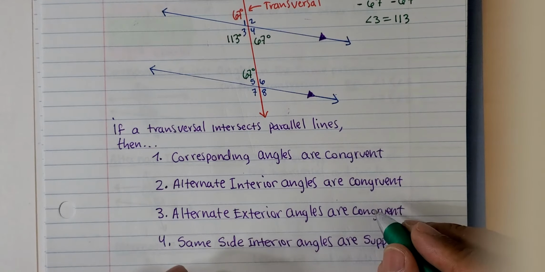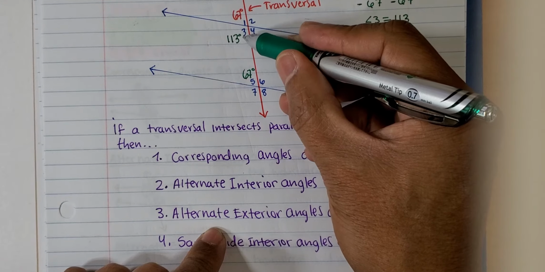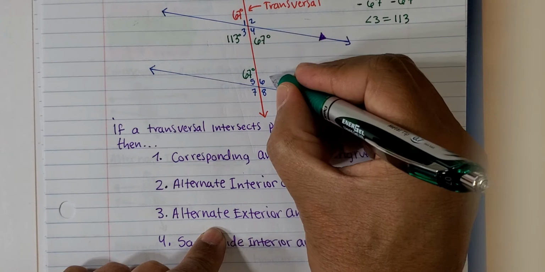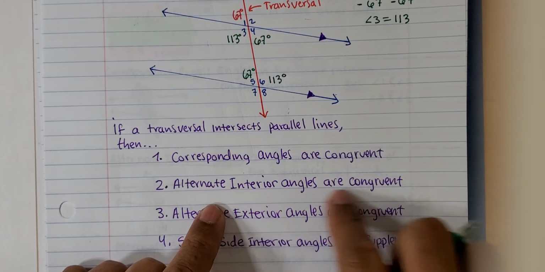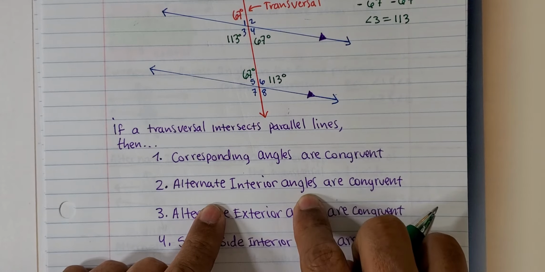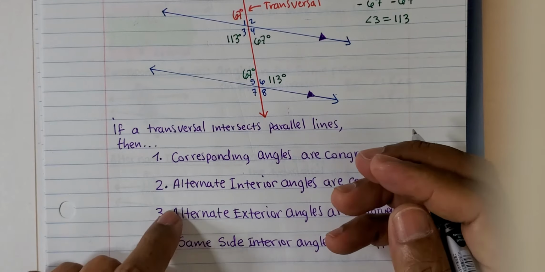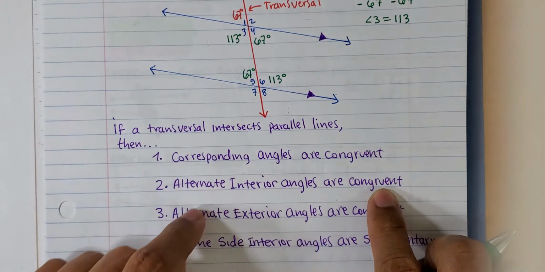Now, if angle 3 is 113, angle 3 is alternate interior to angle 6. So this one is also 113 degrees based on this property. Okay. Now let's see if I can use another. I have all the interior angles.